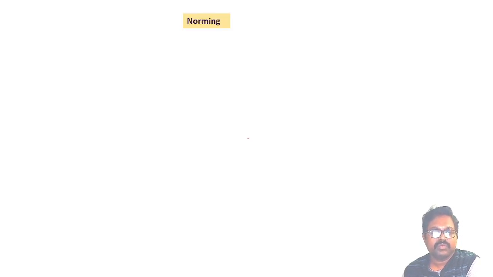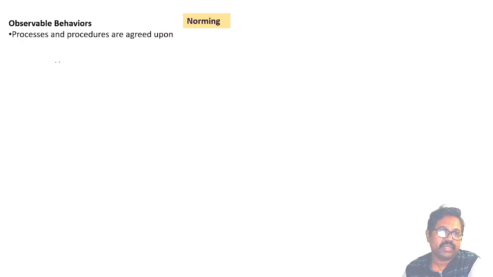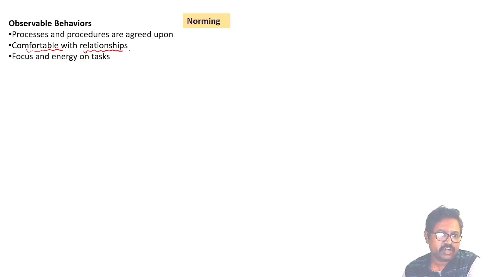So let us see what happens in the case of norming. What are the observable behaviors in norming? Here the processes and procedures are agreed upon without any conflicts. Even if conflicts arise, they'll try to resolve them, and they feel comfortable with the cohesion and the trust they have developed between each other following the storming stage.